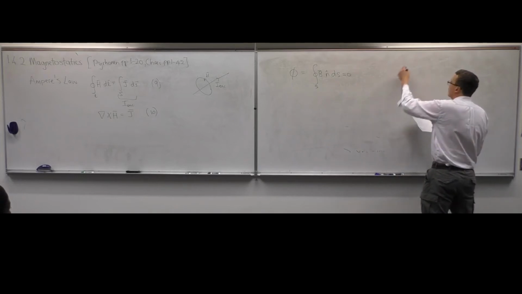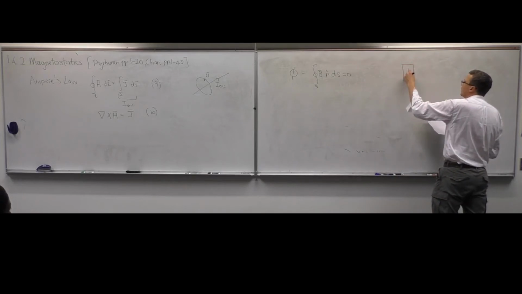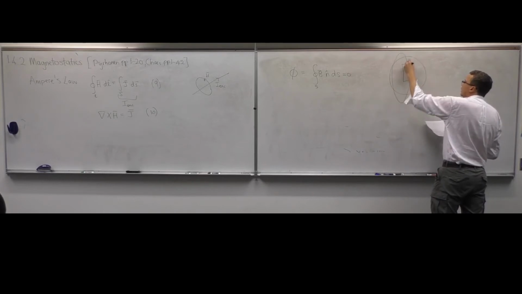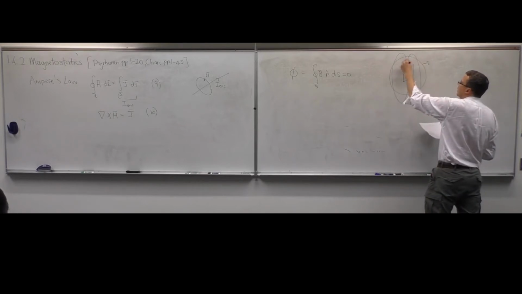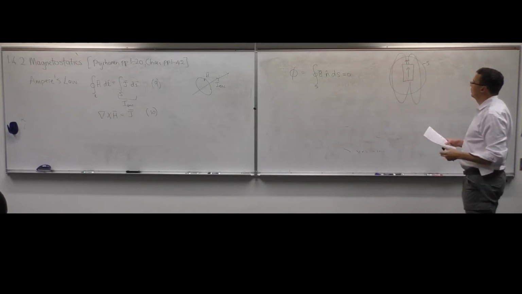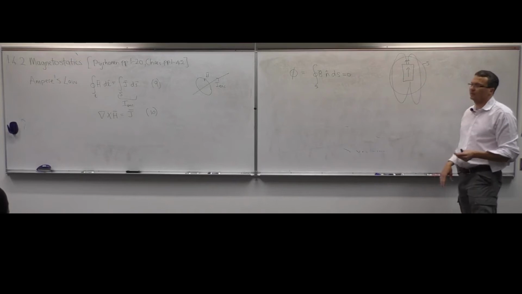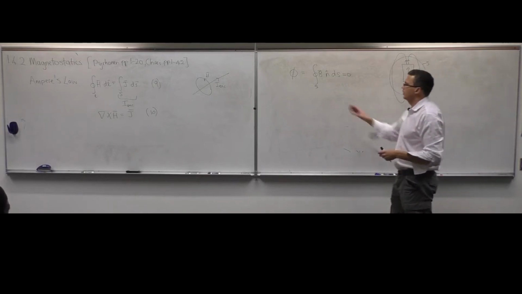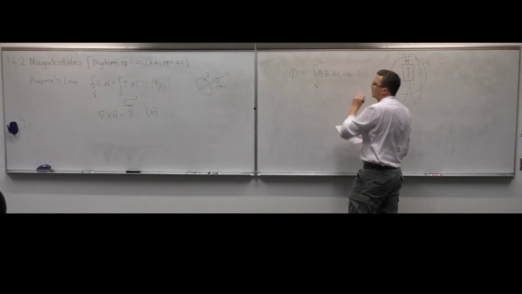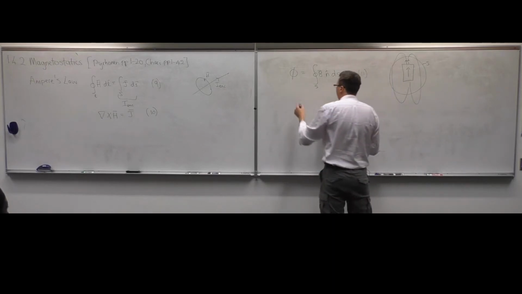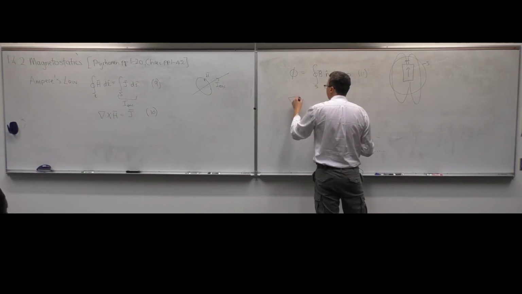So if you have a magnet and you had an enclosed surface, this is just saying that the magnetic field going out of the enclosed surface must equal the magnetic field going in. So this is for a closed surface. And the differential form of this is del dot B is equal to 0.